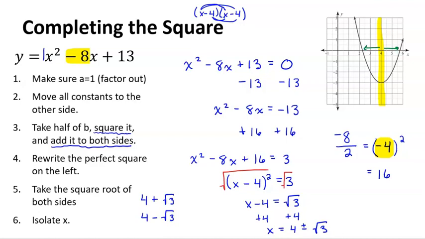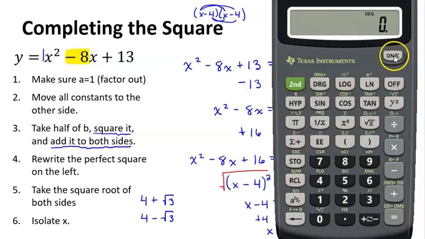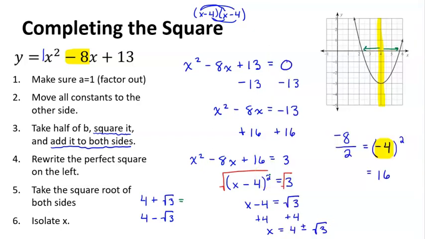So now I'm just going to plug this into my calculator. I'm going to clear out my calculator, and I have 4 plus the square root of 3, and then make sure you hit that equals button or it's only going to show you what the square root of 3 is. And I get 5.732. So we're just going to round that to 5.7. And remember, these are rounded numbers because this is an irrational number.